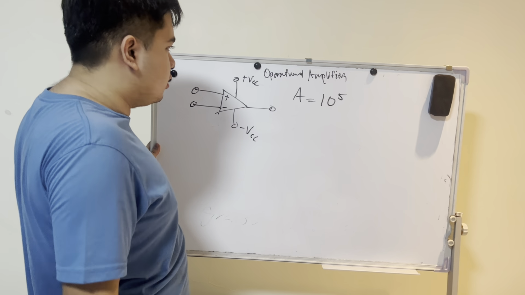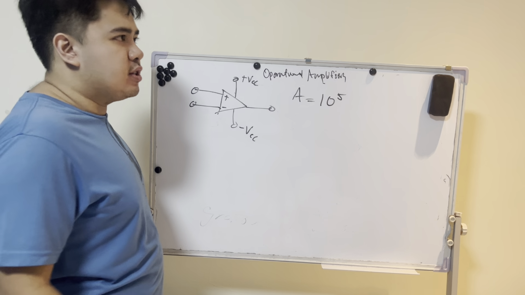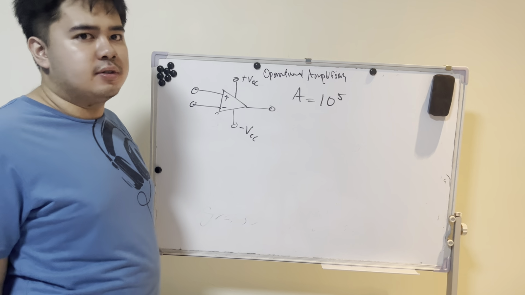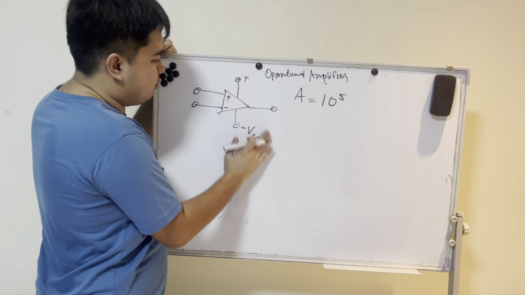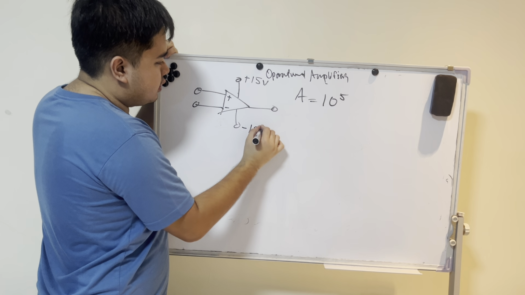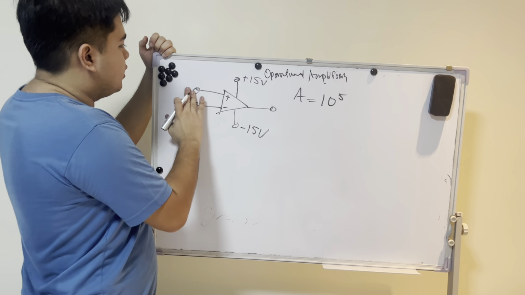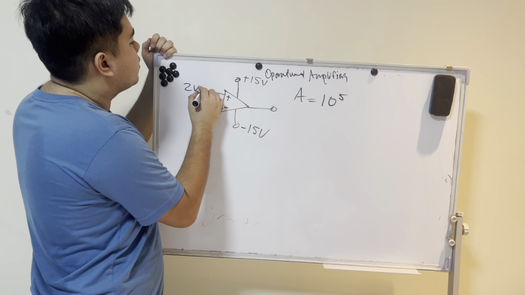So if it wants to go to like 100,000, it only goes to like 15 volts, or VCC. Let's set VCC and negative VCC to 15 volts. This is what I saw in a book. Let's set this to like 2 volts, 1 volt maybe.